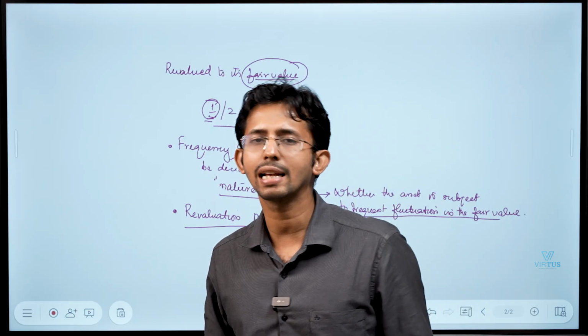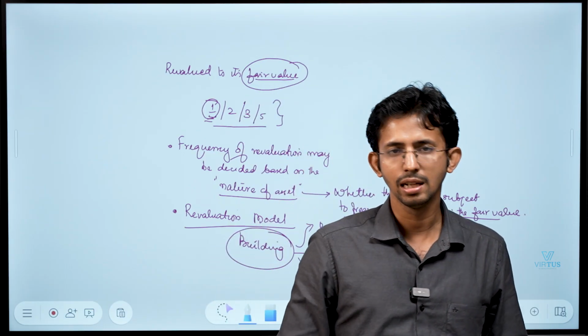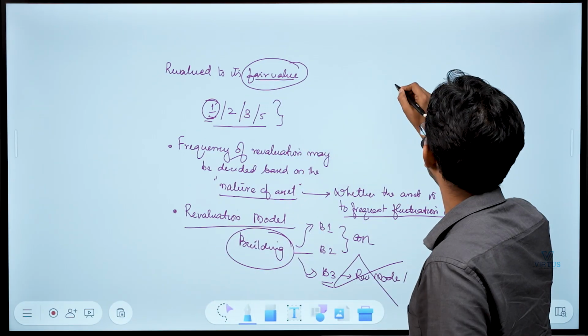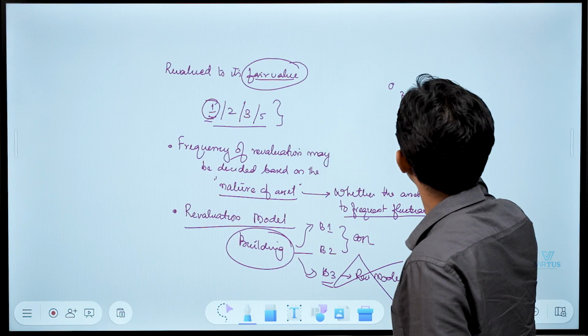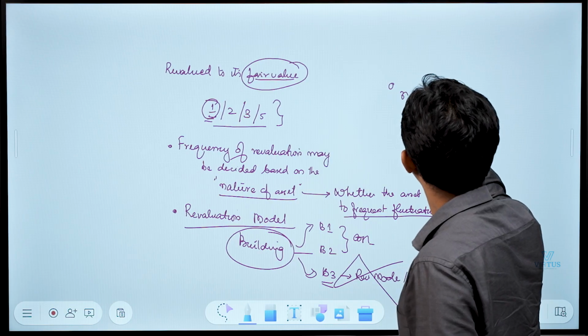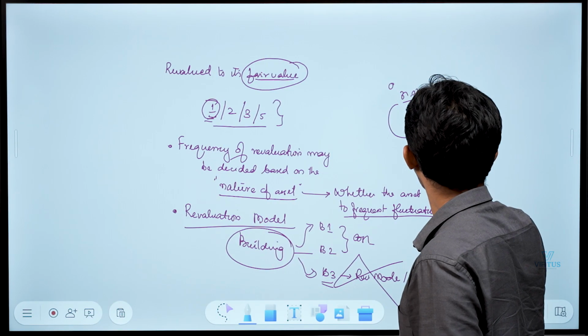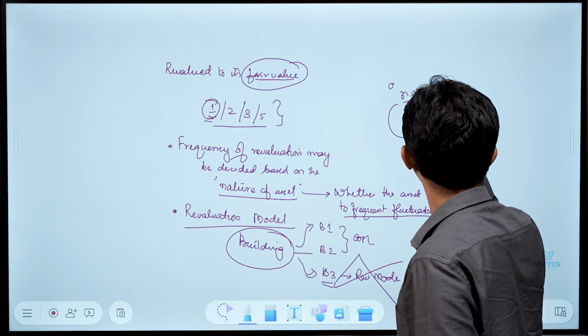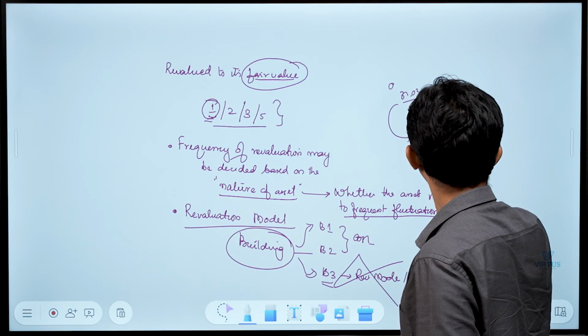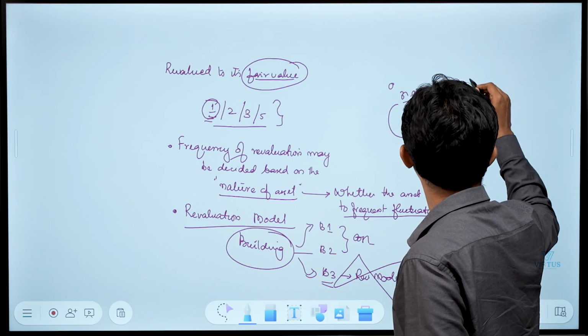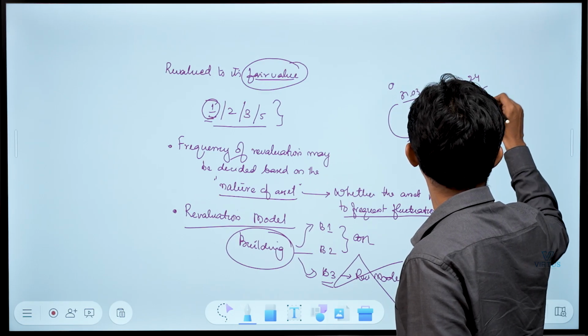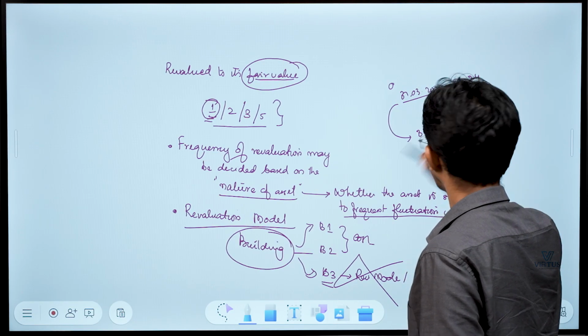Even the revalued assets have to be depreciated. Suppose you revalue one building on, let's say, 31/3/2024, and the next revaluation happens on 31/3/2027, after 3 years. So in between you have 24, 25, 26, 27, right?